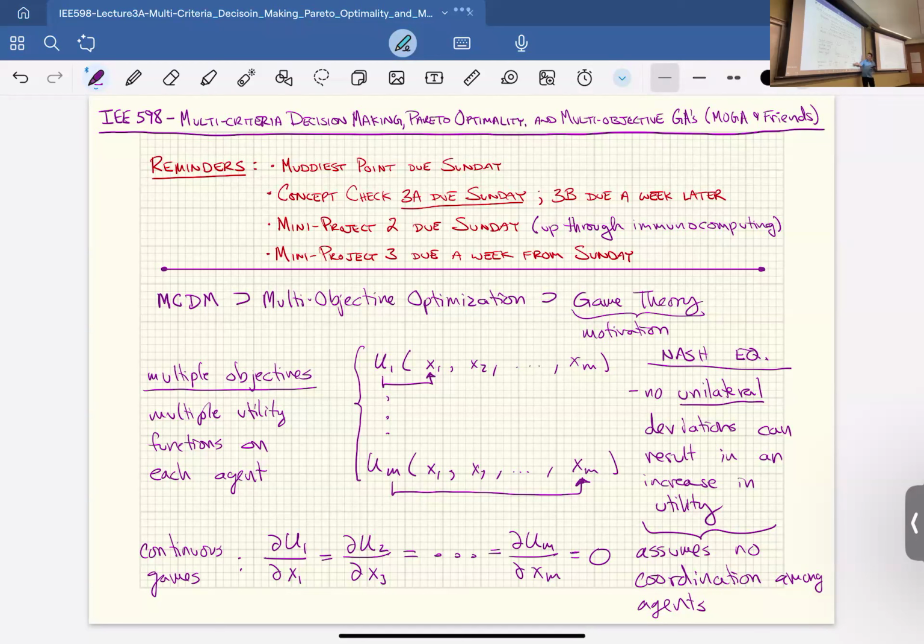For discrete games where you only have certain discrete actions, this doesn't necessarily hold. But say I'm trying to choose a temperature that makes me comfortable, and you're trying to choose a temperature that makes you comfortable in your room, so I've got two rooms in a building.